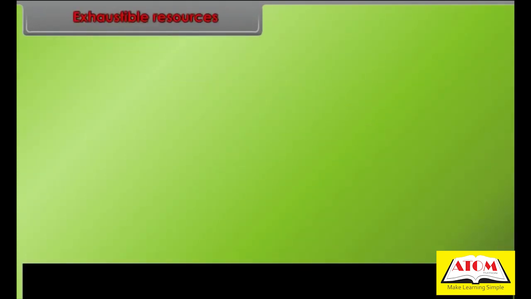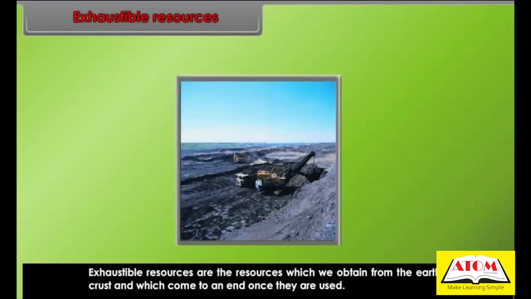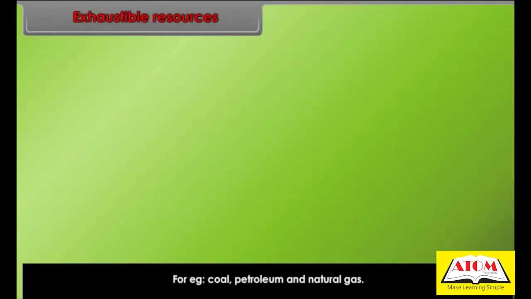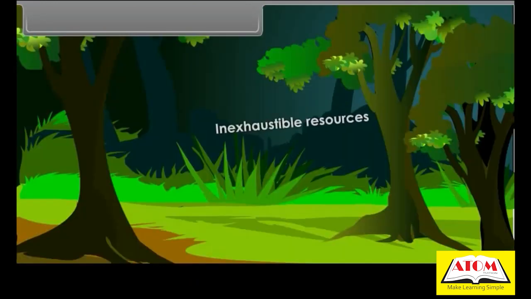Exhaustible resources. Exhaustible resources are the resources which we obtain from the earth's crust and which come to an end once they are used. They cannot be replaced. For example, coal, petroleum and natural gas.